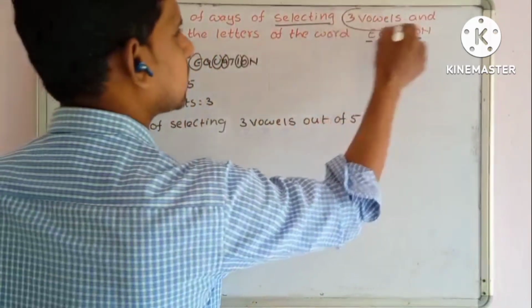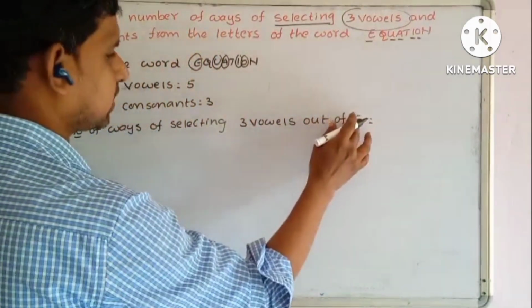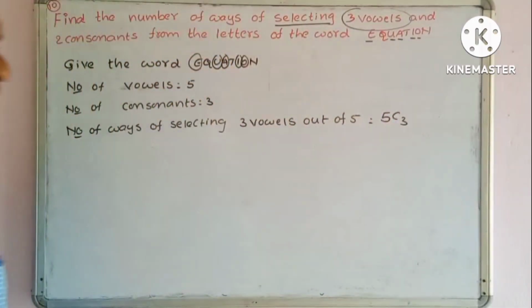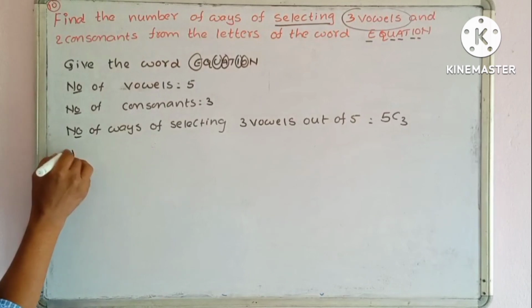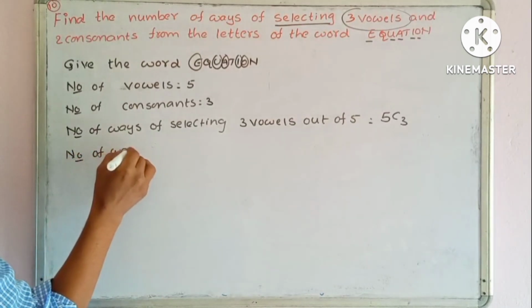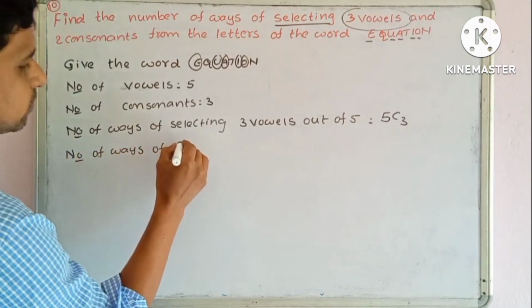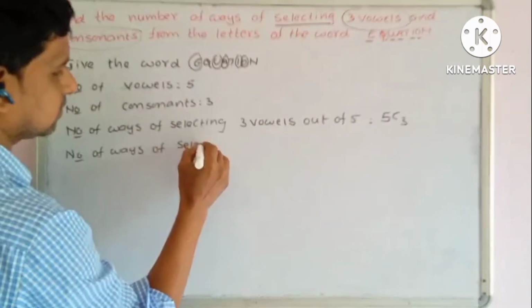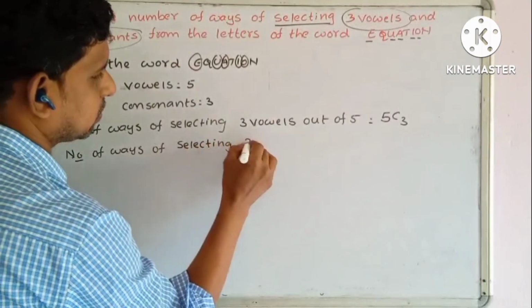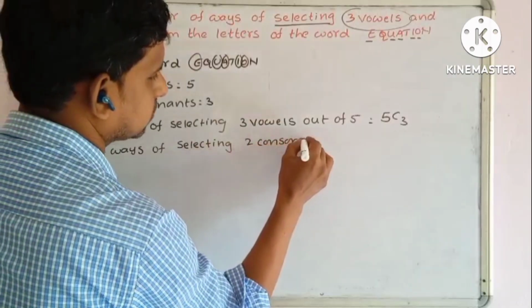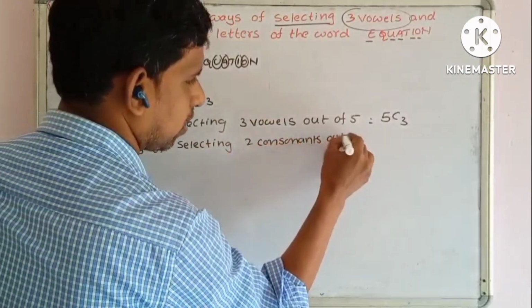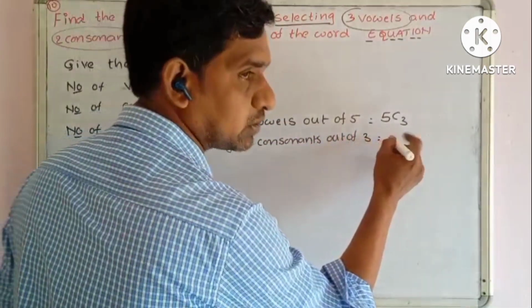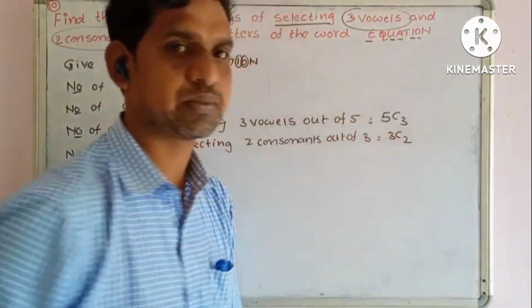We are selecting only 3, so 5C3. Next, number of ways of selecting 2 consonants out of how many consonants? 3. So 3C2.